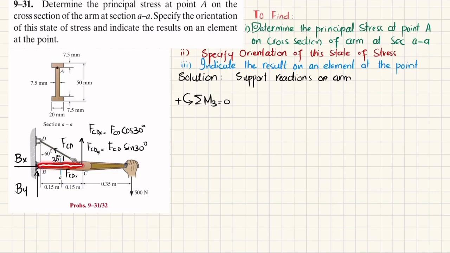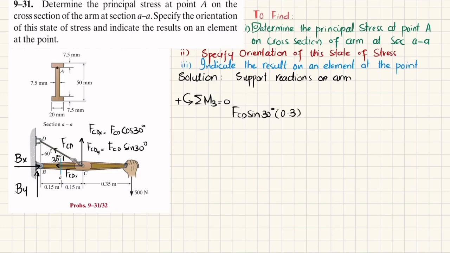FCDx is passing through this point, so it is not producing moment. Only FCDy is producing moment, and the perpendicular distance is 0.3, and it is producing counterclockwise moment, so it is positive. So I will write FCD times sine of 30 degrees multiplied by 0.3.